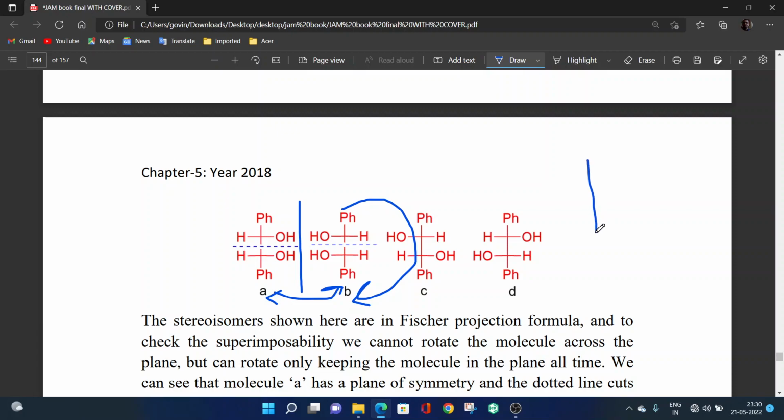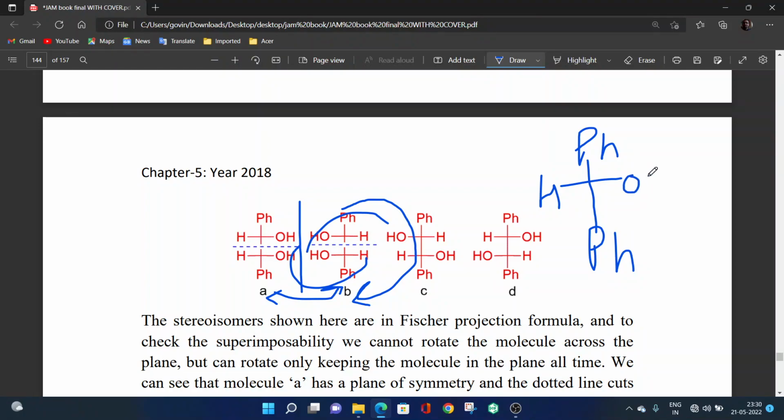So what happens? The down pH goes up and the top pH comes down. And what else happens? Now this is going like that. So this H is coming up but on the left side, and OH is going on the right side.